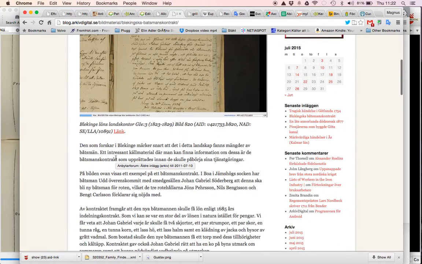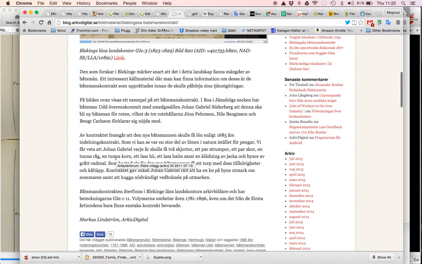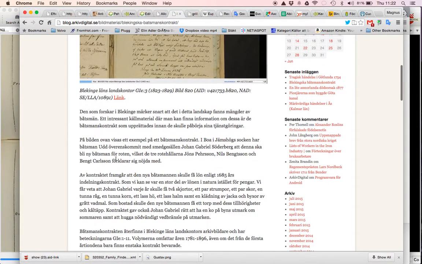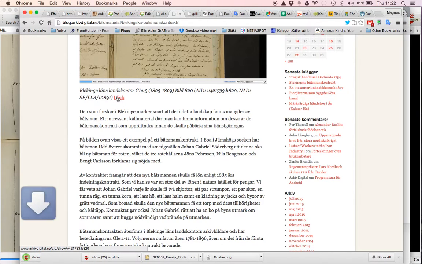So this is the contract they had if they were boatsmen. That's I think soldier working as seamen. And then you find them in Blekinge läns landskontor.